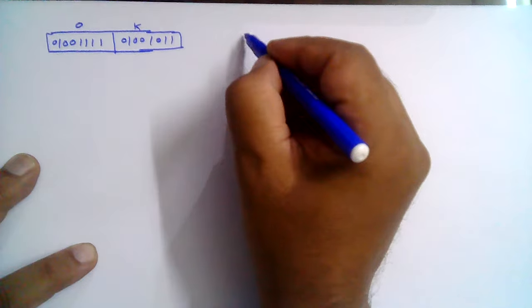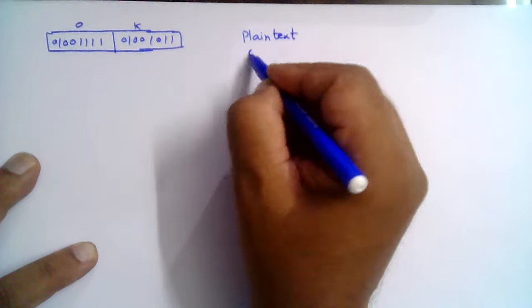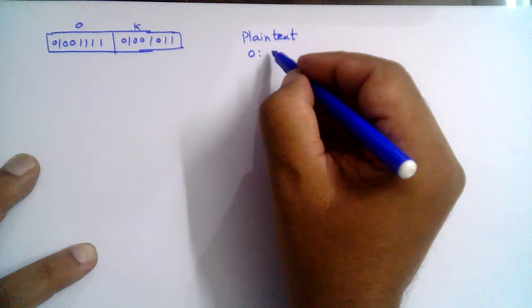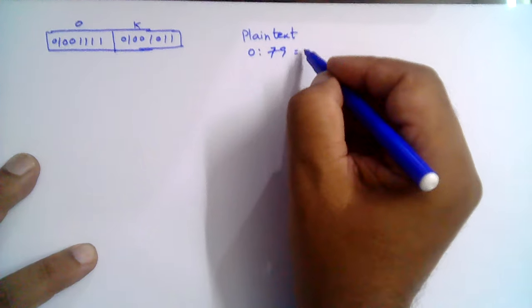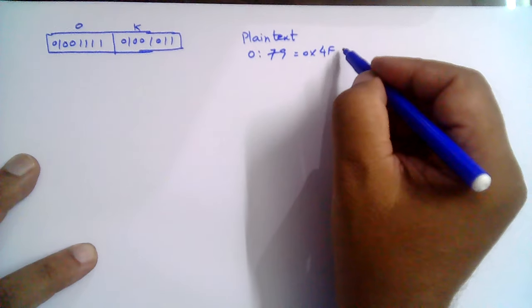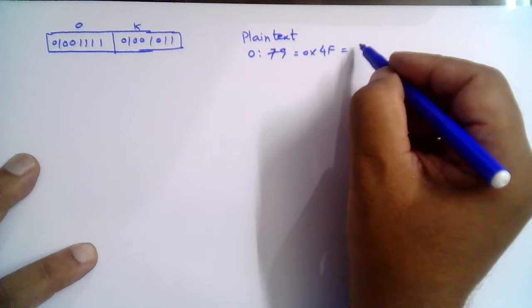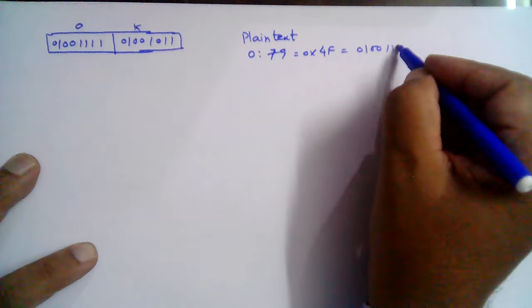So suppose we have this plain text here. So let me write down here actually the plain text O. So the ASCII code for O is 79 decimal, which is 4f hex, and this is actually 0100. This is 4, and this is f.